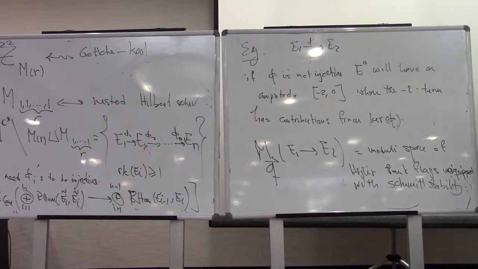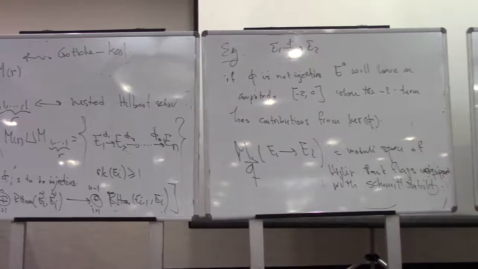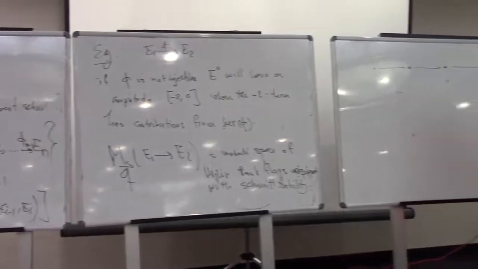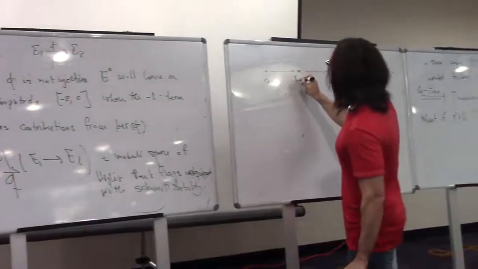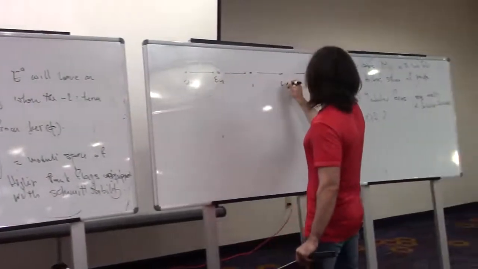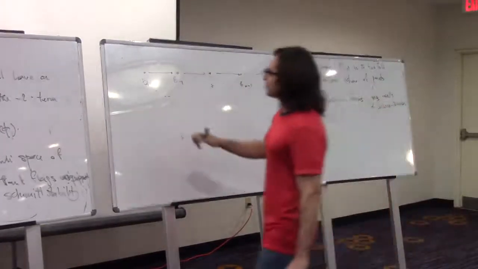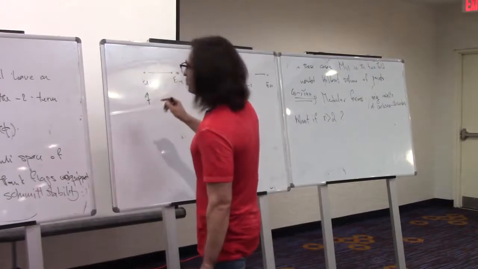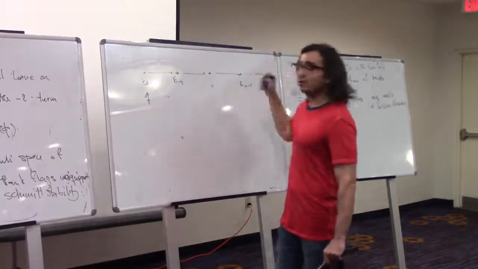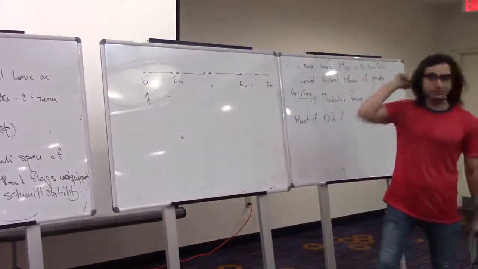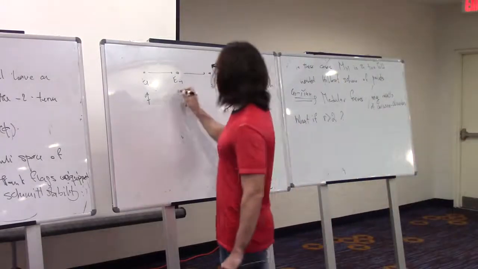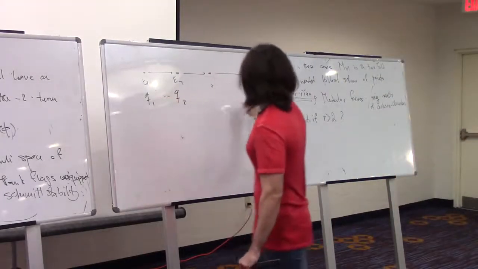Schmitt stability is a stability that you define for quivers. So if you have a quiver like this, you put torsion-free sheaves on it, like that. Schmitt stability condition comes with parameters, as many parameters as there are vertices of your A_n quiver. So if you have n vertices, it comes with n parameters.